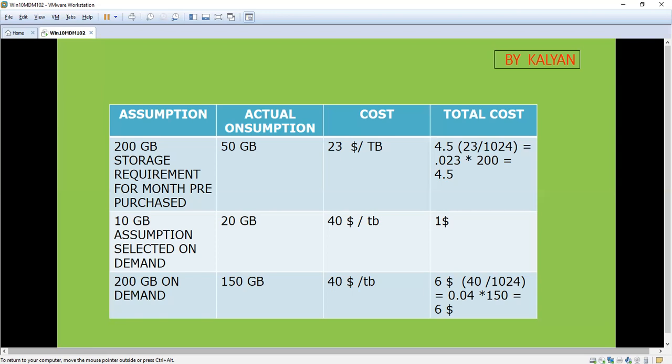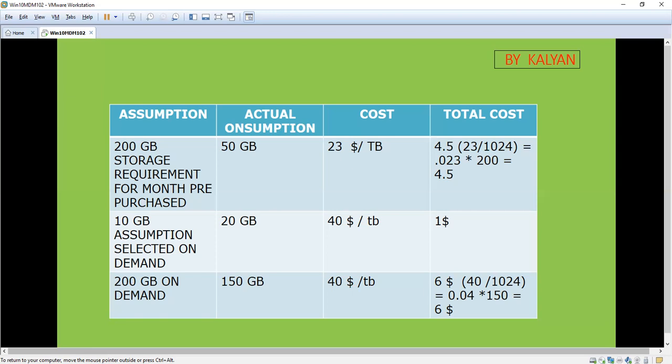Here you can see the difference. Compare 150 GB actual consumption on demand with the 200 GB storage requirement for pre-purchase, where the actual consumption of around 50 GB gives a total cost of $4.5.